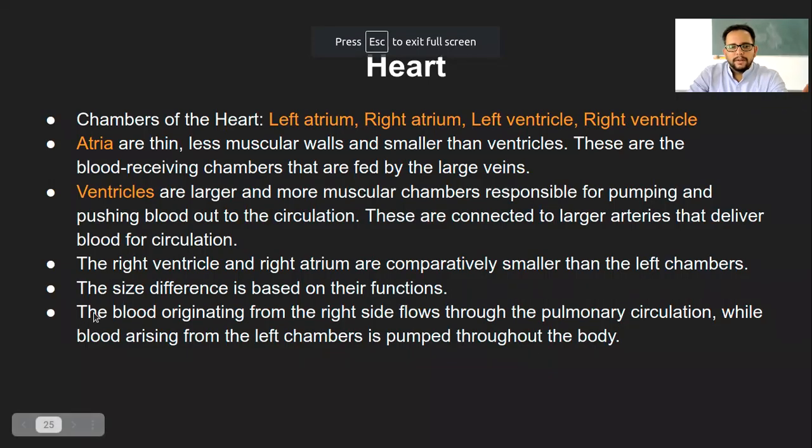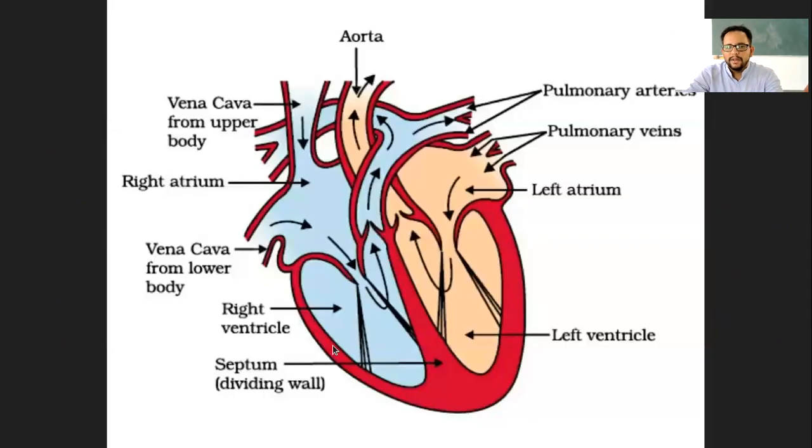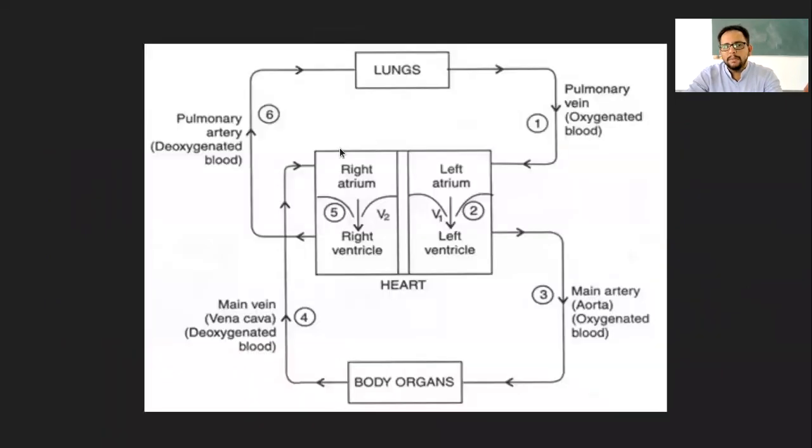The blood originating from the right side will flow through the pulmonary circulation, while the blood from the left chamber will be pumped throughout the body. What this means is, I'll go back here. The blood pumped from the right ventricle will go to the lungs and come back to the left side.